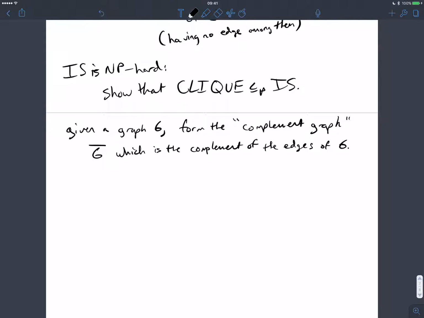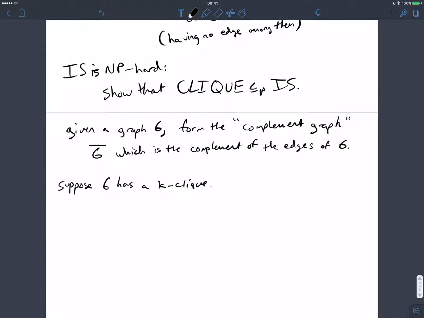Since this one is a lot shorter, maybe we should put the analysis as to why complementing the graph actually does give us a clique if and only if there's an independent set in the resulting graph. So suppose G has a k-clique. Well, does G bar have a k-clique?